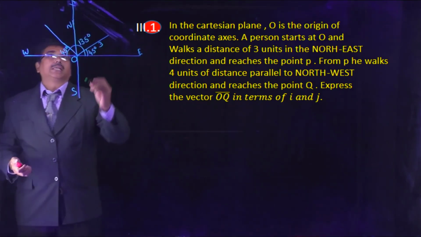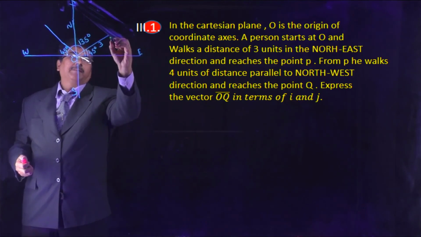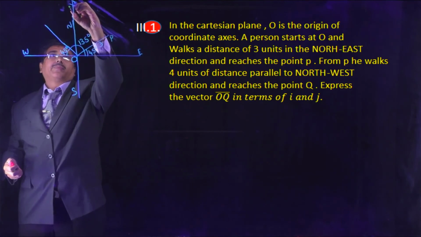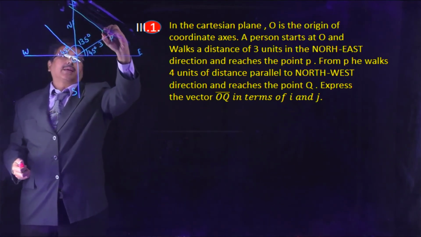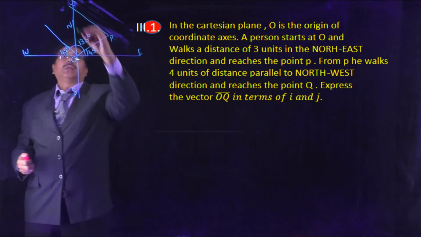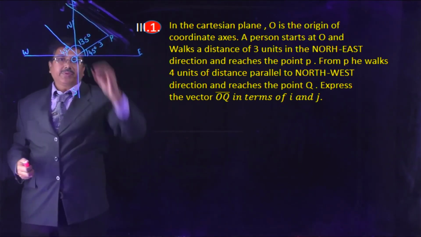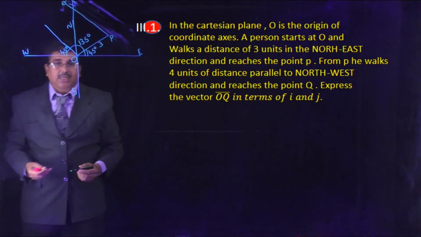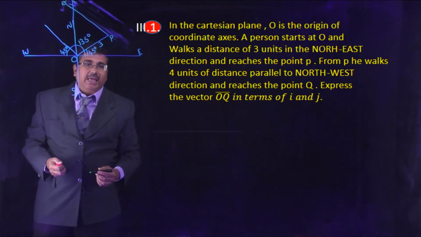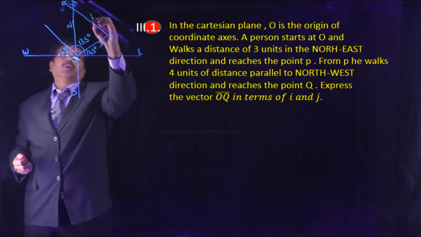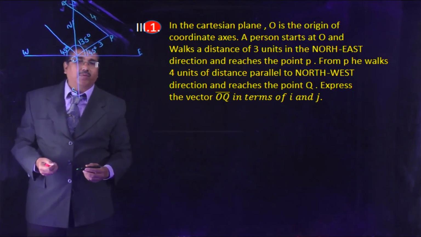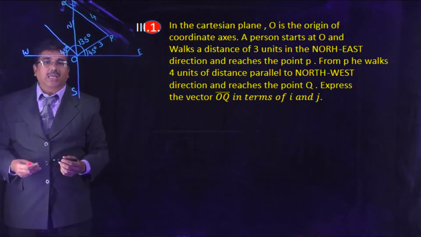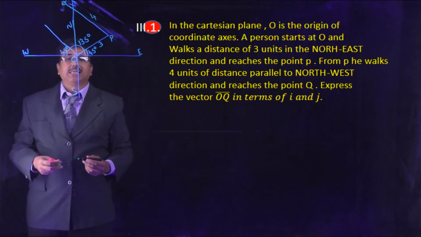This is point P. Now this point is Q. It moves in the northwest direction at a distance of 4 units. Express the vector OQ bar in terms of I bar and J bar.